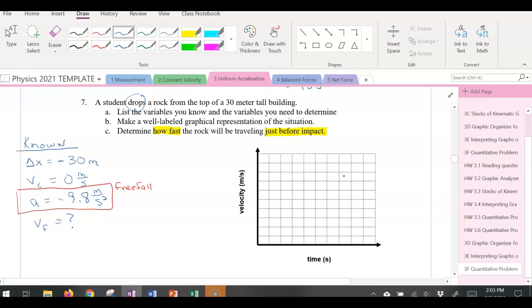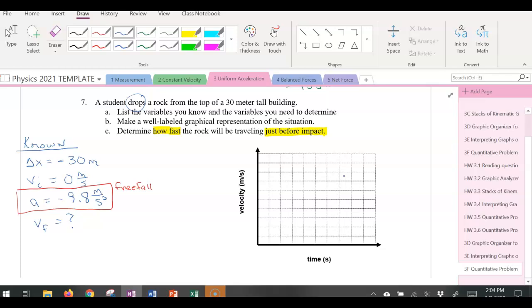And so if it is moving, it will have a different acceleration than it does during the period when it is falling. So that's why they very carefully are asking me the speed just before impact. So just before it hits the ground, while it is still in free fall, while I can still count on that acceleration being constant at negative 9.8, I want to know how fast the rock is.